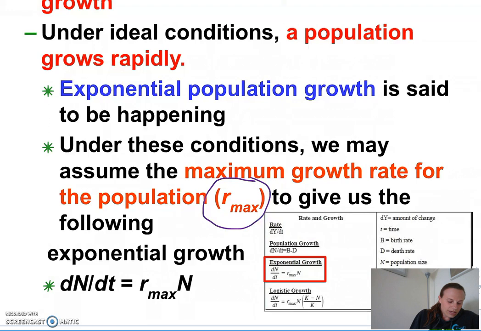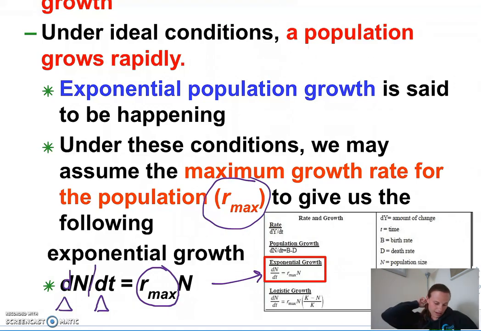Again, the equation can be found on the AP Bio reference table, and it's dN, which is the same as that triangle, delta N, or the change in population size, divided by dt, or delta t, also represented by the triangle, change in time, is equal to r max, that is the rate we're looking for, times N, where N is that original population size.